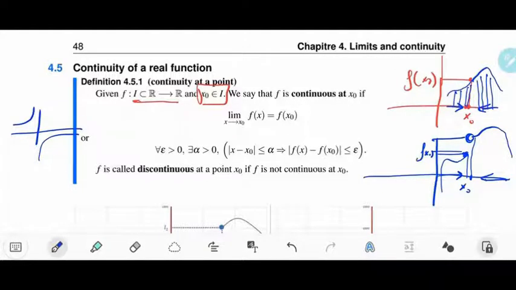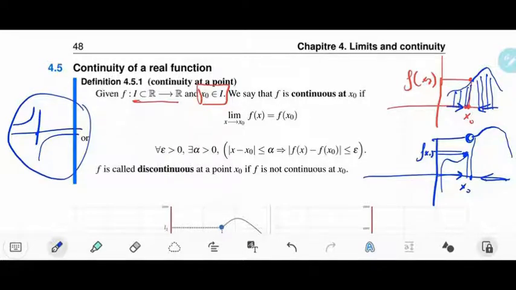That's wrong, because at the point x0 equal to 0, we don't talk about a discontinuity, because 0 is not a point in I, it's not in the domain of the function. So we talk about discontinuities at points within the domain of the function. So this function is continuous even though it has two parts.